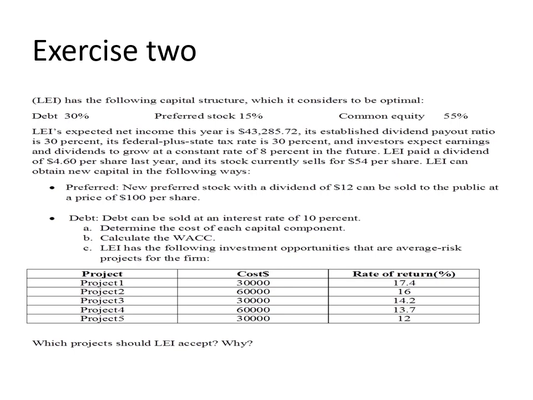LEI paid a dividend of $4.6 per share last year, and we have to underline the words last year. Its stock currently sells for $54 per share. LEI can obtain new capital in the following ways, which means in front of us we have three main sources of capital: the common stock, the preferred stock, and the debt.